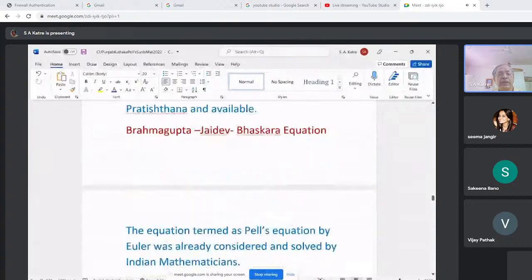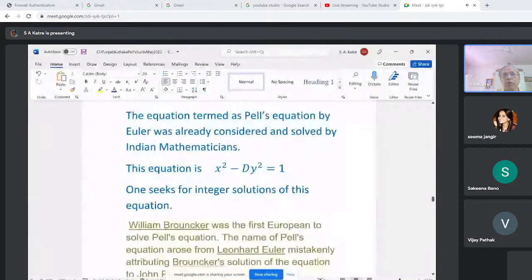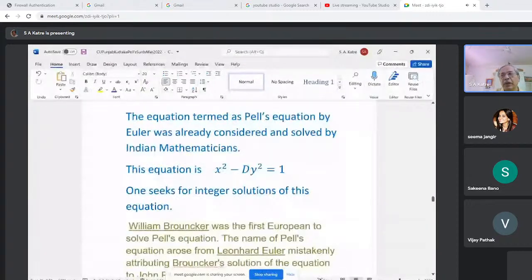This equation is a quadratic equation. Usually in mathematics, you go from simpler to more complicated. So the Kuttaka equation that we considered there is ax plus b equal to cy plus d. You know that it is an equation in two variables, of which you want to get integer solutions, that we studied last time.